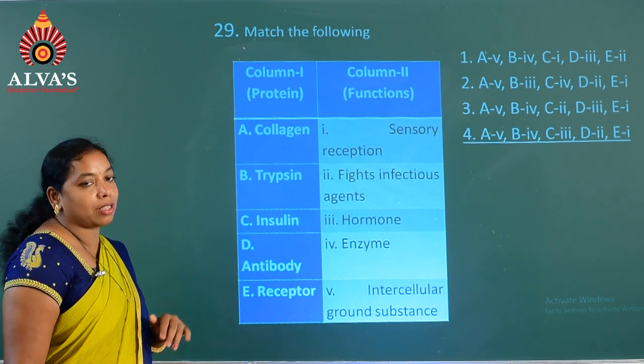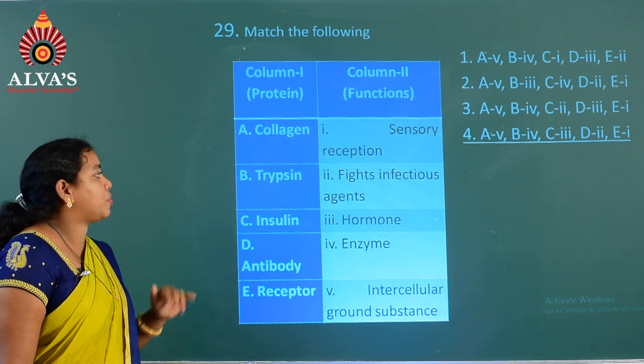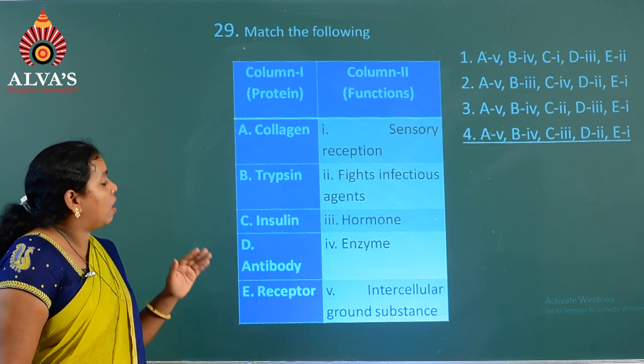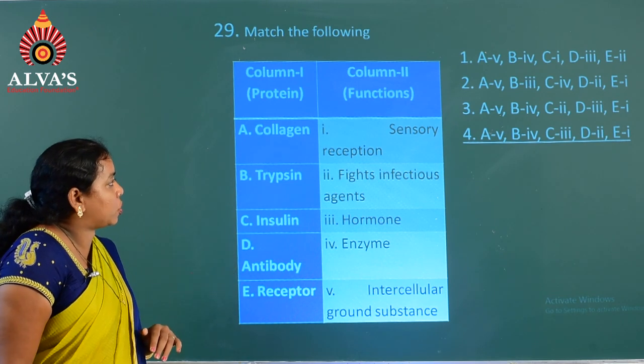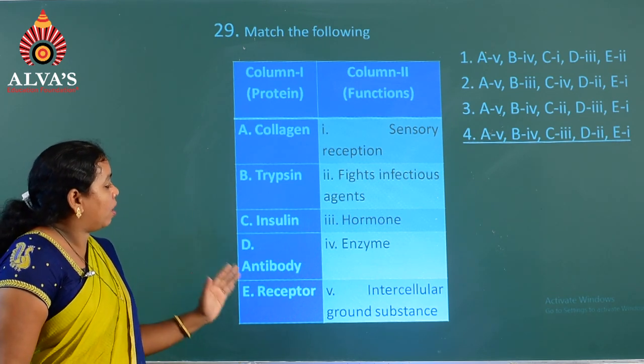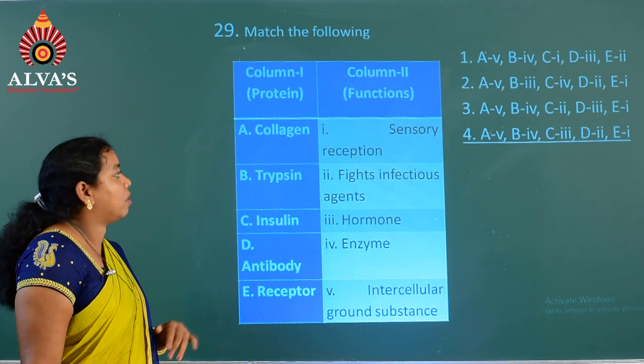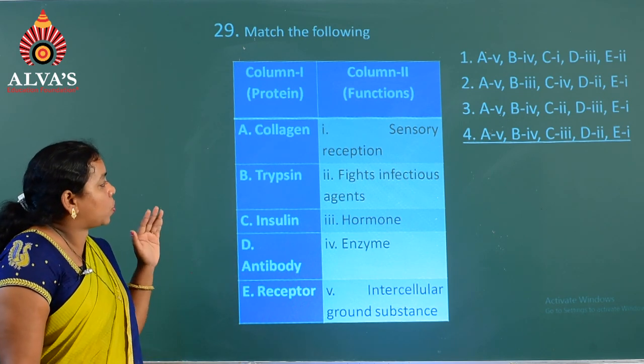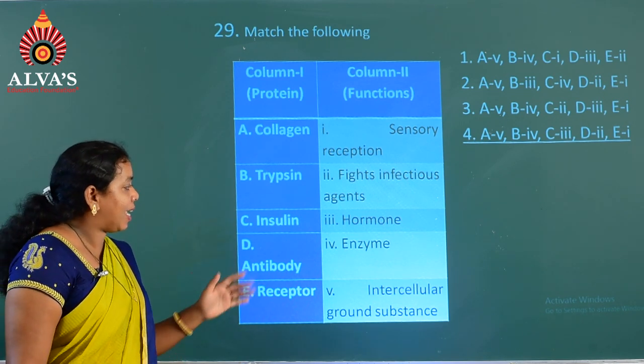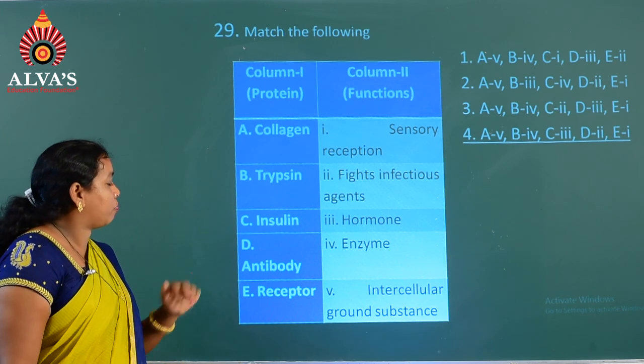So, here when we consider the first one, that is collagen. Collagen is intercellular ground substance. So, hence A matches with the fifth one, whereas next is trypsin. Trypsin is an enzyme, that matches with the fourth one.